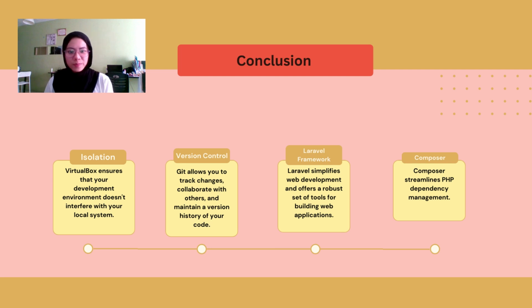For the Laravel framework, it simplifies web development and offers a robust set of tools for building web applications. And also, lastly, Composer streamlines PHP dependency management. So, we hope this report and video serve as valuable resources for developers who are looking to create a web application using Laravel. So that's all from us. Thank you.